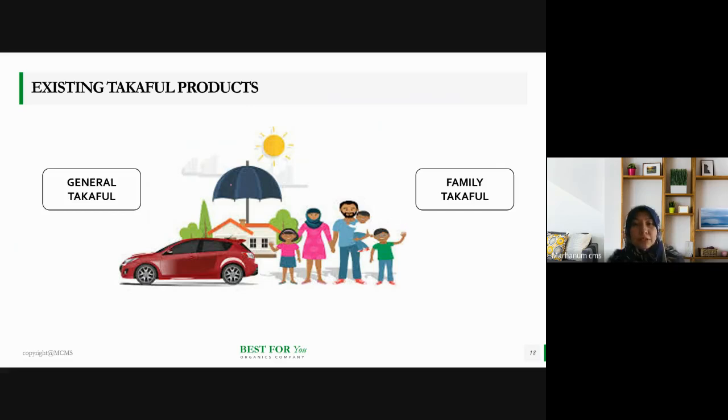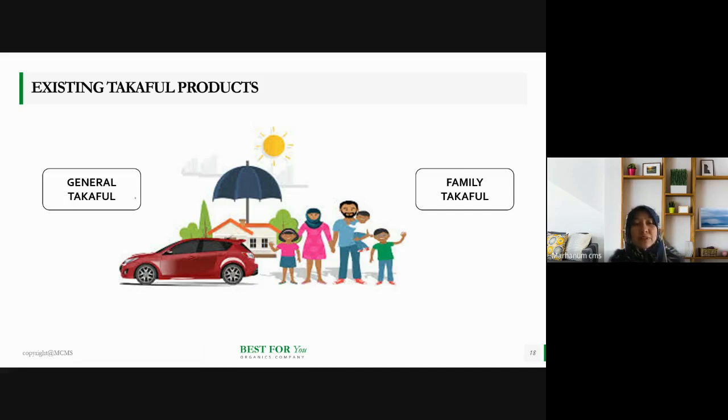We have two types of Takaful products: general Takaful and family Takaful. Family Takaful covers people, all about people: health, life, family.